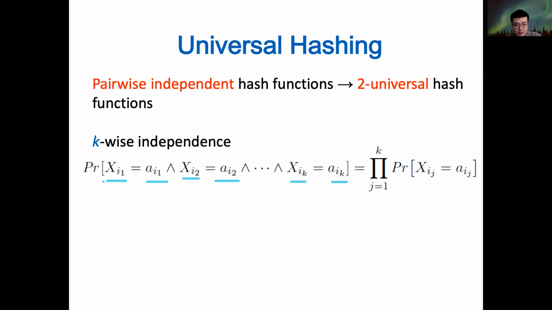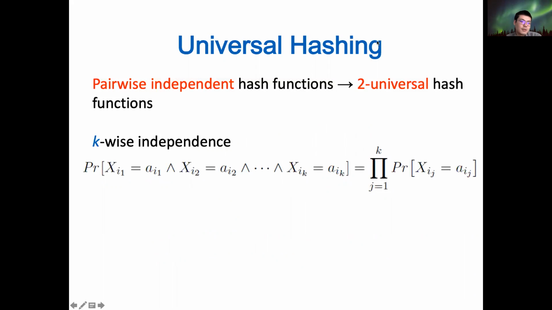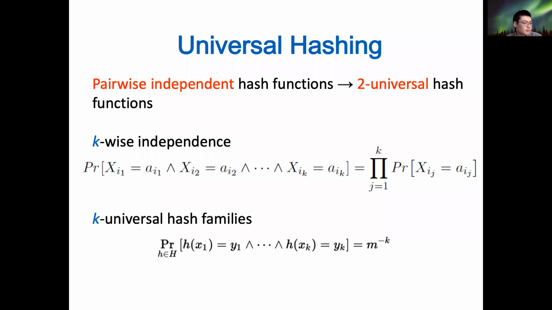So basically we can have k items here and map k different values to k new different values. This is more strict, because I don't just need any two to be independent. I need any k subset to be independent. This is called k-wise independent.